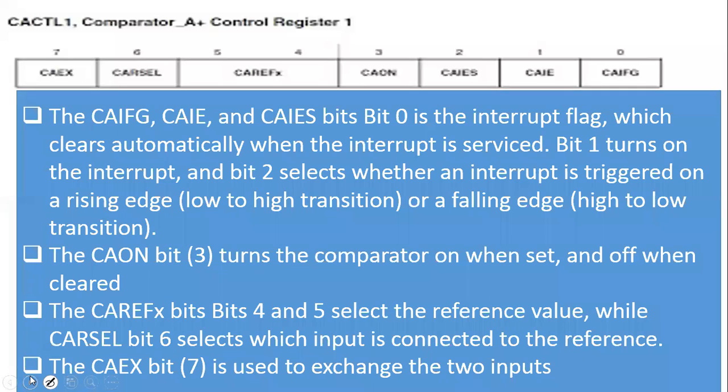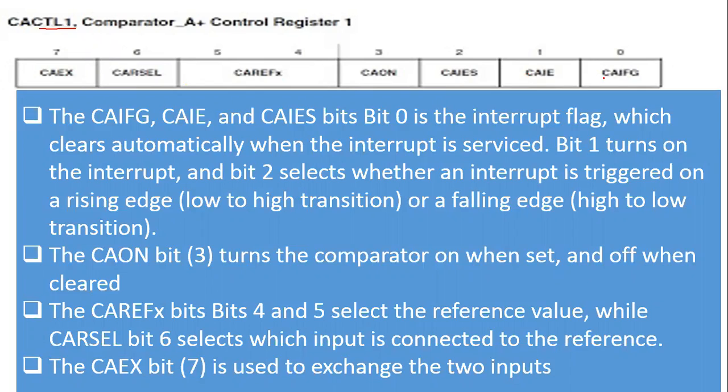Then we have two registers available in the comparator. One is comparator control register 1. In this we have CAIFG, CAIE, CAIES, CAON, CAREF, CARSEL, CAEX. What is this?